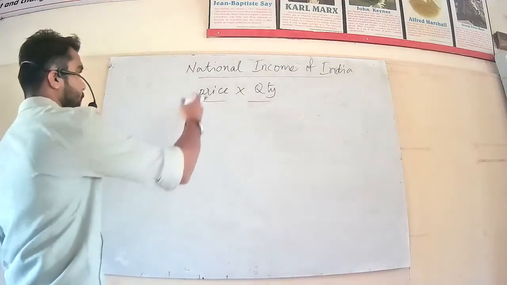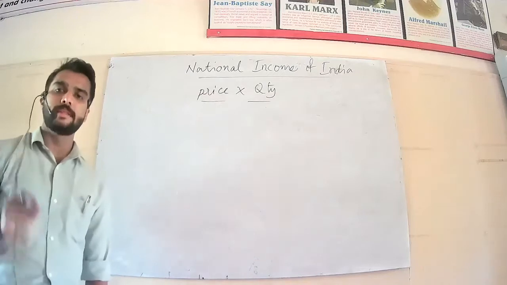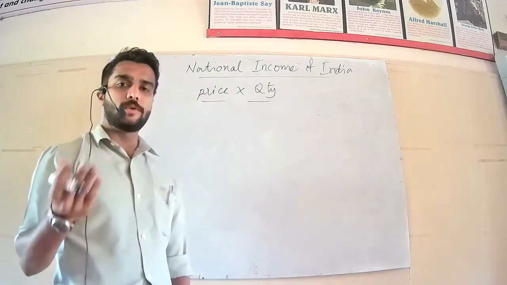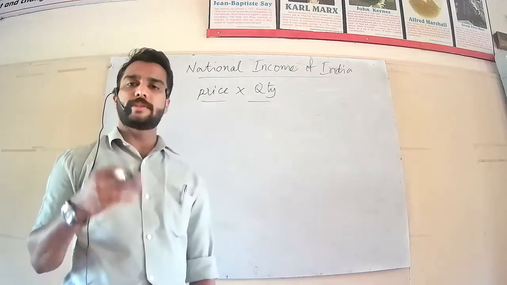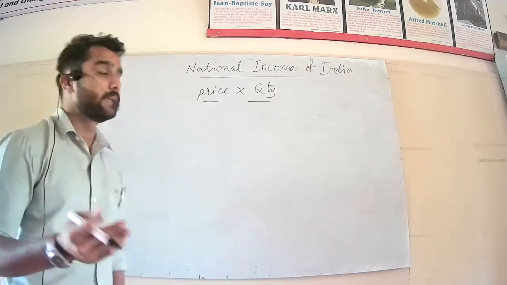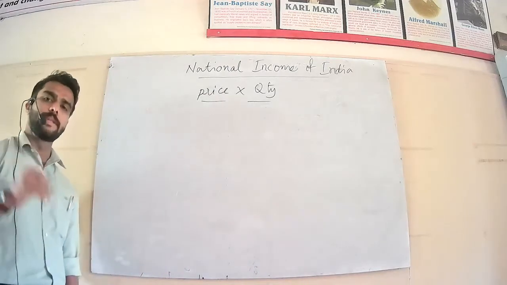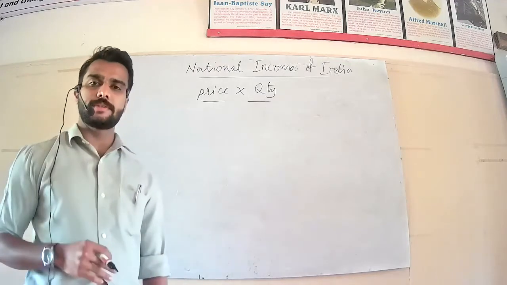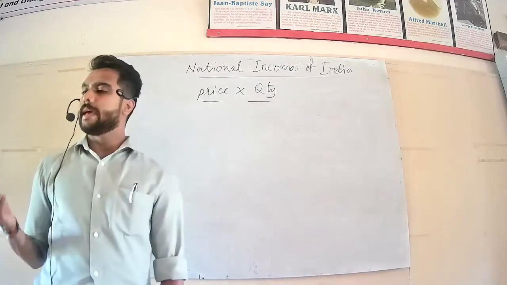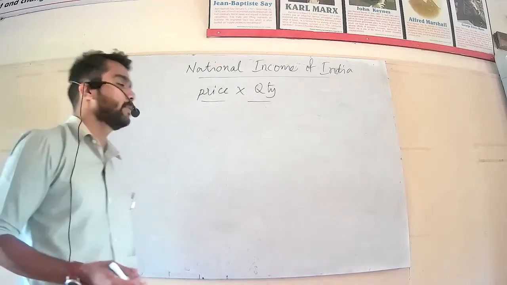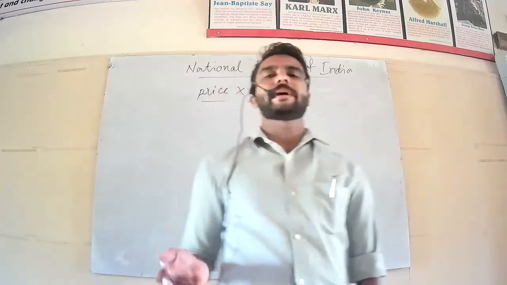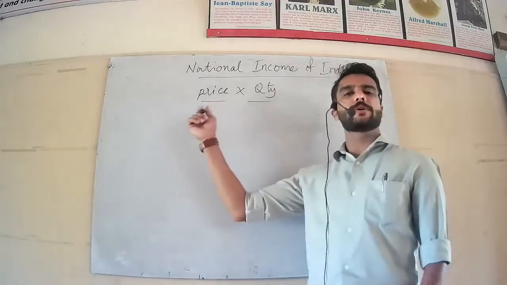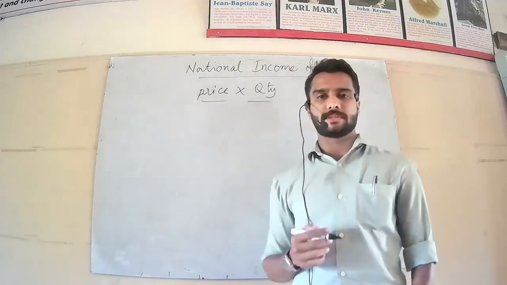So, in order to get a clear idea about the actual changes in the output and the income generated by this changed output, we need to consider previous year prices or base year prices, so that we can get a clear-cut idea about how much the national income has risen due to the change in quantity but not due to the change in prices.